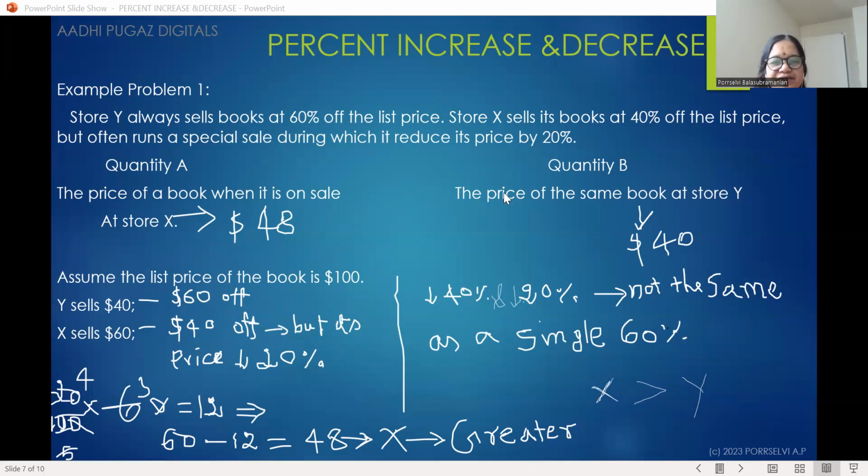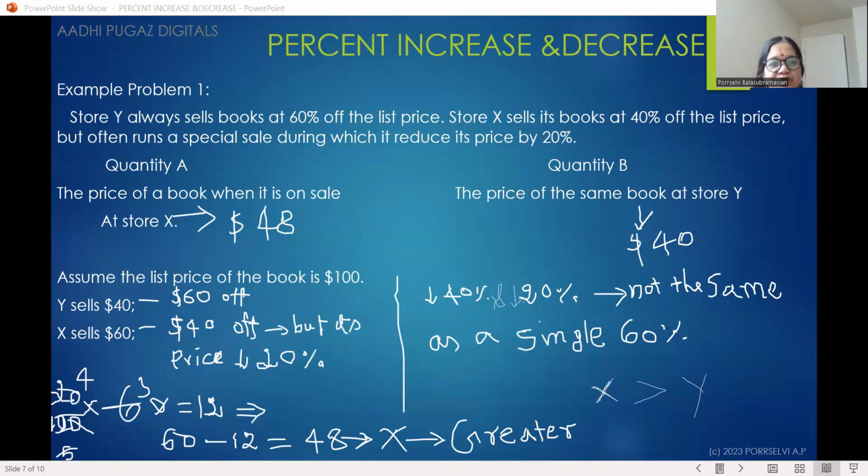Quantity A is the price of a book when it's on sale at store X, and quantity B is the price of the same book at store Y. So we need to calculate both store X and store Y, then compare the values and tell which store's value is greater.